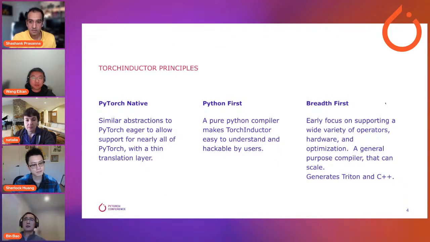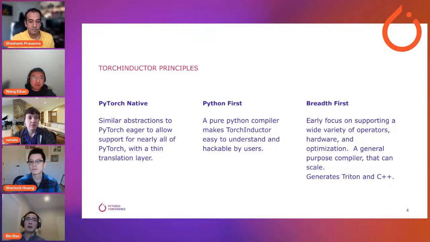So some of the design principles we had when thinking about the TorchInductor. The first thing we want to make sure is that it's really PyTorch native, which means we want our users to feel like this is as close to PyTorch Eager as possible.